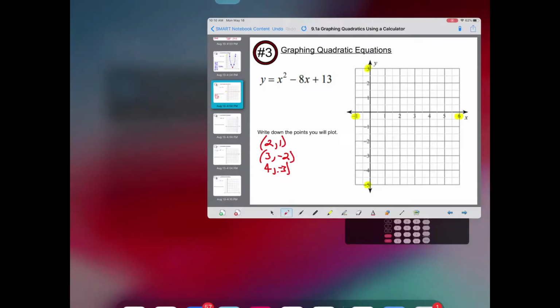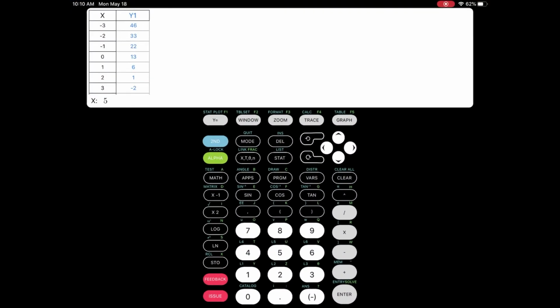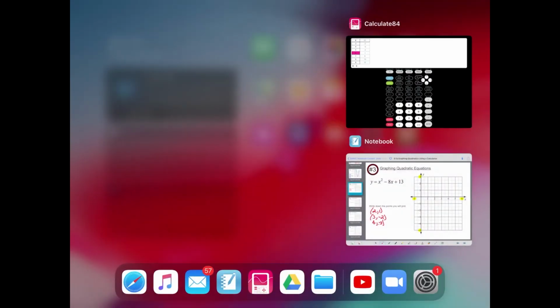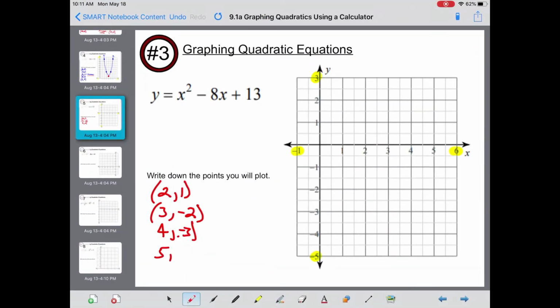2, 1, 3, -2, 4, -3, 5, -2, and 6, 1. So let's plot those. Right 2, up 1. Right 3, down 2.